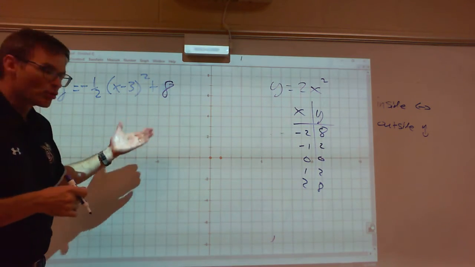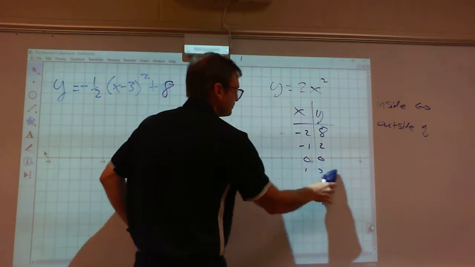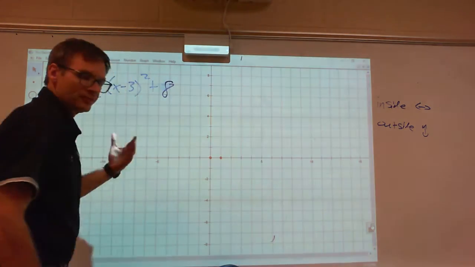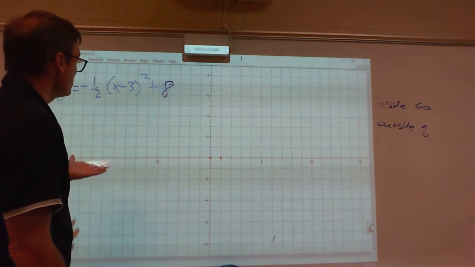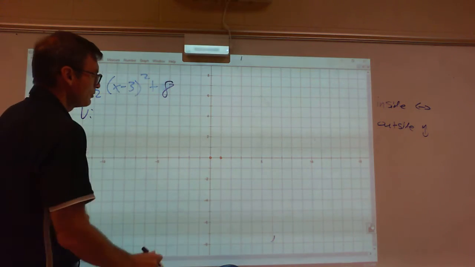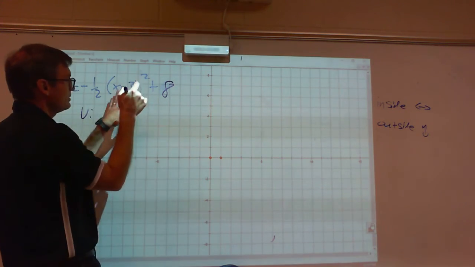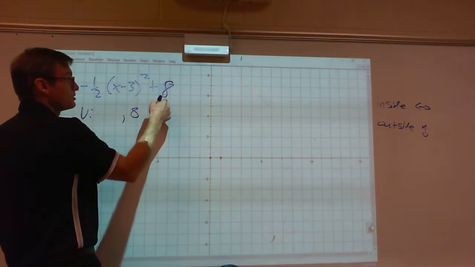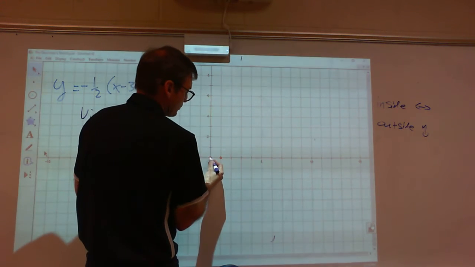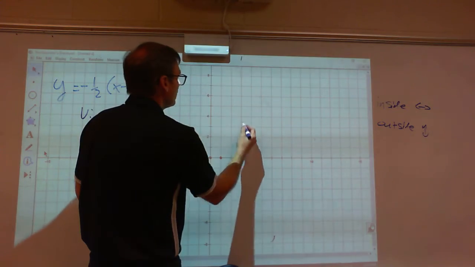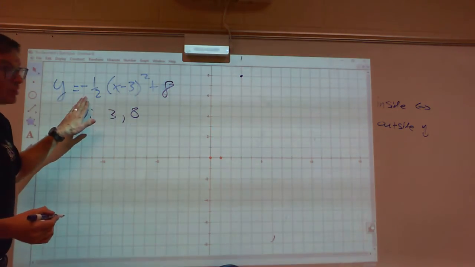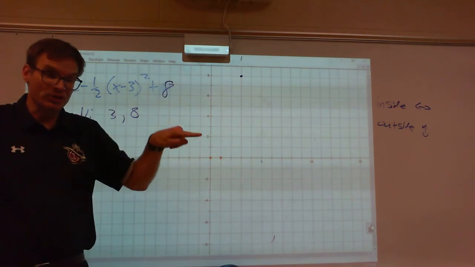So if I'm going to graph this, first I've got to find my vertex. My vertex is always this number, so it's an 8, and then the opposite of this, which is 3. So I get a vertex of (3, 8). 1, 2, 3, 8. Get a dot. It's negative, so I know my parabola should be turning down.